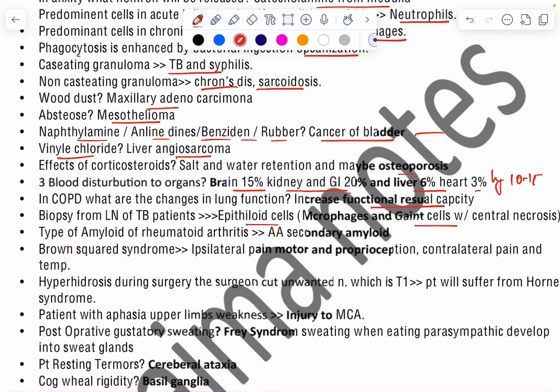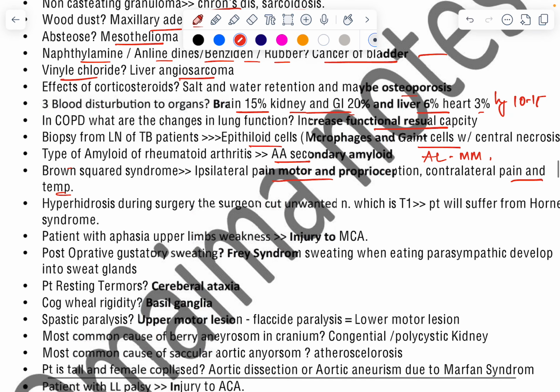Types of amyloid: rheumatoid, AA; and AL in multiple myeloma. Brown-Séquard: ipsilateral pain, motor; contralateral pain, temperature. Hyperhidrosis during surgery, cut at T1: the patient suffers from Horner syndrome. Aphasia with upper limb weakness: Broca's area, middle cerebral artery.